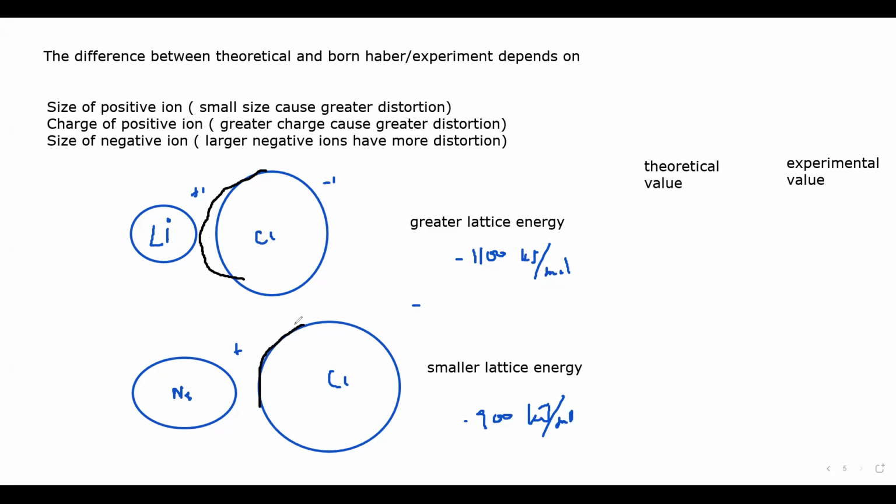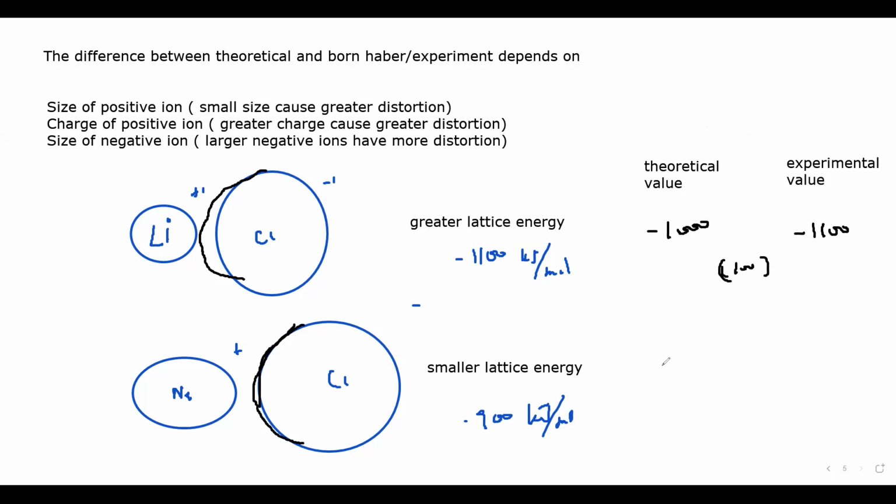Sodium will cause distortion, but it will be small relative to that of lithium. So if the experimental value was minus 1100, then the theoretical value will be, and theoretical is always smaller than the experimental, as we consider ions perfect spheres, minus 1000. So what is the difference between the experimental value and the theoretical value? That is 100.